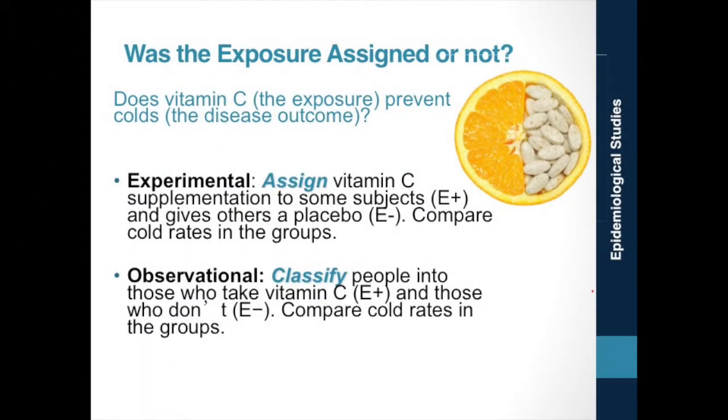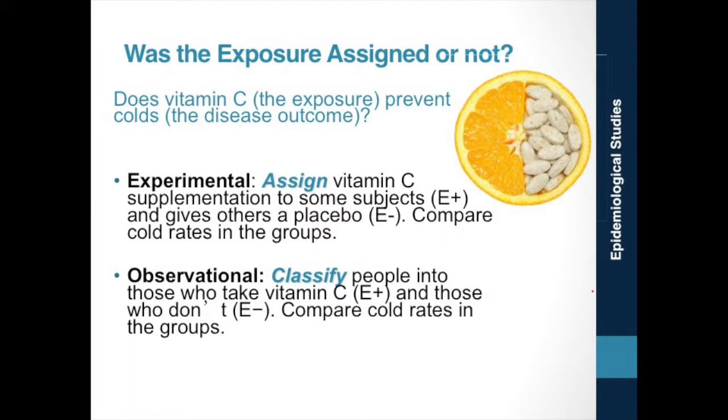Another element is whether the exposure has been manipulated or not. For example, if we want to know whether exposure to vitamin C prevents colds, we can manipulate the exposure and assign a group to receive vitamin C and compare cold rates with a reference group that received a placebo.